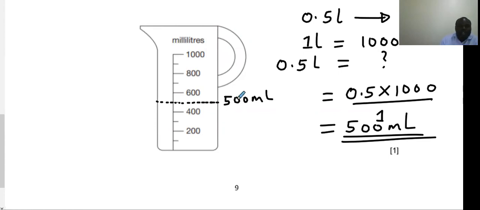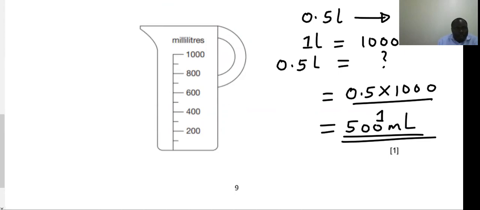See that? Now we need to know the level, the depth of how deep 500 milliliters will be. So let us make it very neat. Let us try to sketch this.